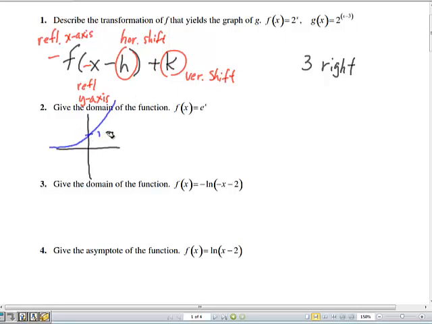Okay, so exponentials are like this. So the domain for this graph would be, it can go anywhere to the left on the x-axis, and it can go anywhere to the right on the x-axis. So the domain would be negative infinity to positive infinity.